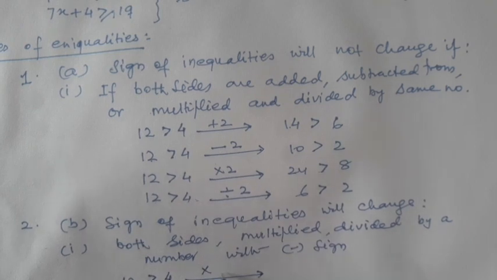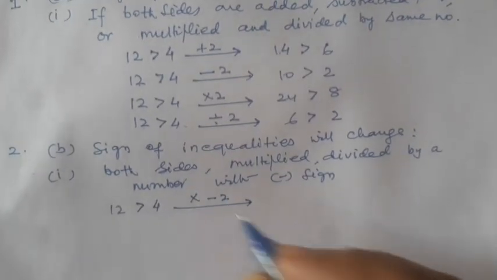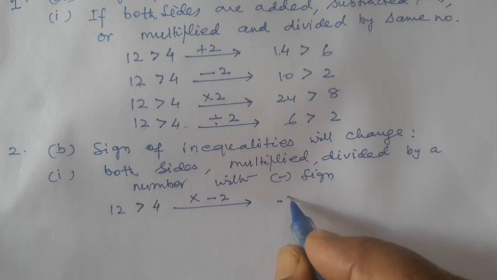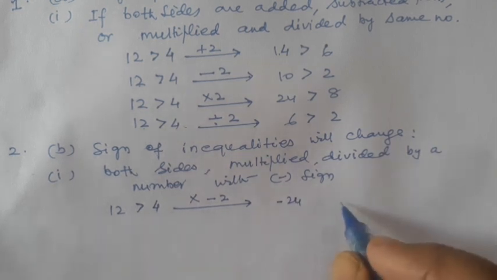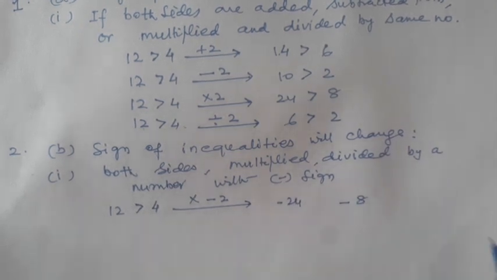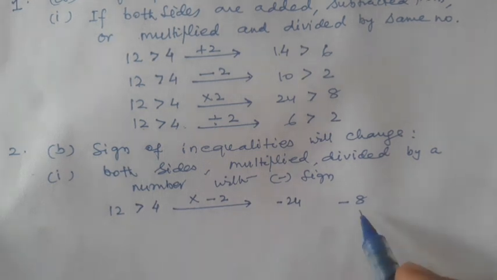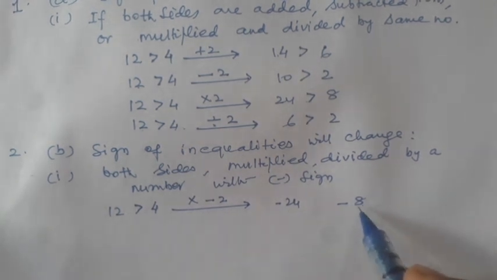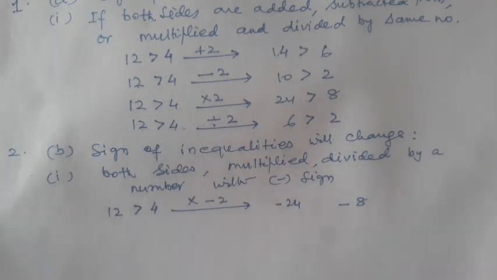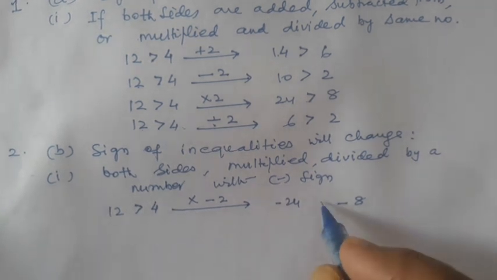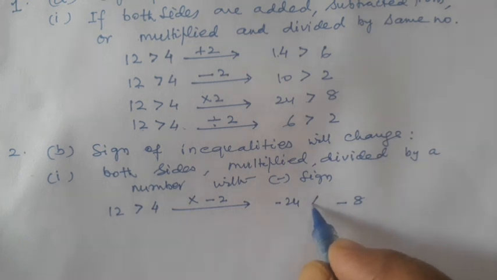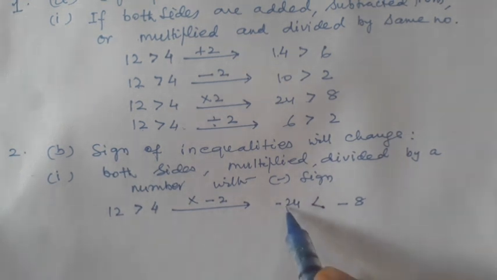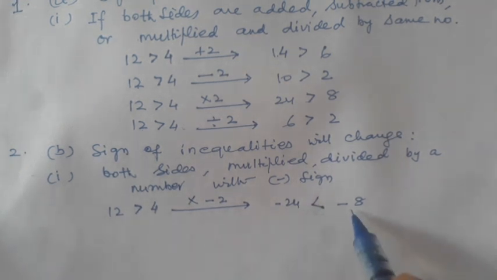Multiplied both sides by minus 2, it became minus 24 and minus 8. Now we see that minus 8 is greater than minus 24. The lesser the number with minus, the greater it is in value, right? So minus 24 is smaller than minus 8.